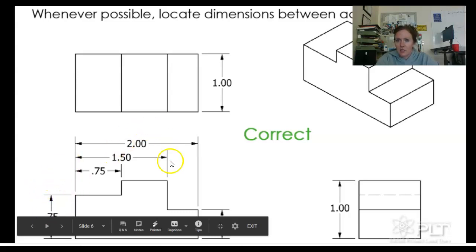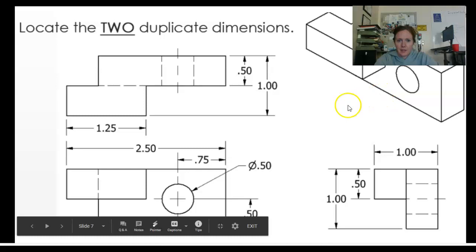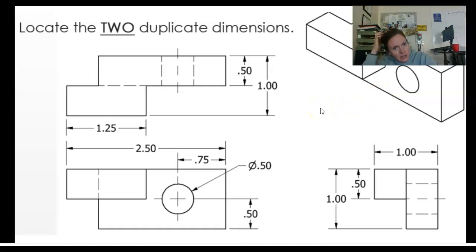Okay, so let's look at some practice and see if we can figure out what's wrong with some of these views. Okay, so in this slide, there are two views that have been duplicated. So pause the video here and see if you can figure out which of the two views have been duplicated.